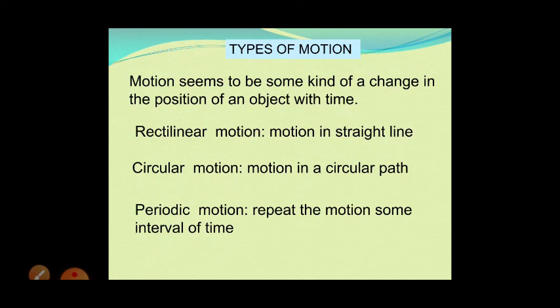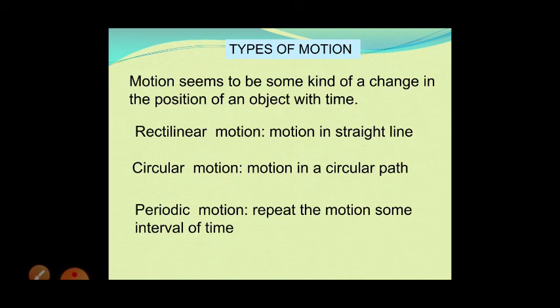Another way you can observe is musical instruments when they are playing, which also have periodic motion. Another very good example is when you are playing on a swing, you are going and coming back, going, coming back. This is called to and fro motion, and it is also a good example of periodic motion.